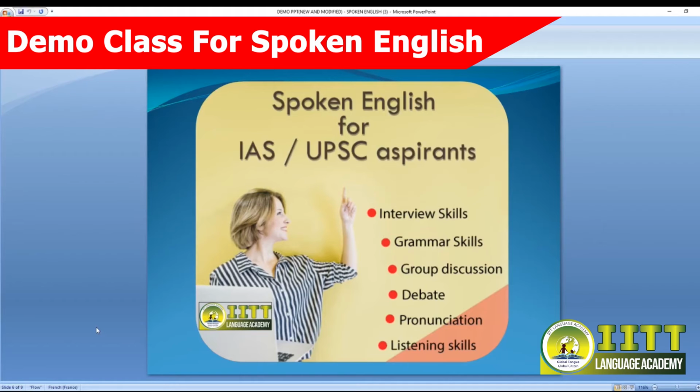But I hope all of you know this, my dear students, that spoken English is needed even for our top brass, the aspirants of our top examinations like IAS, UPSC.